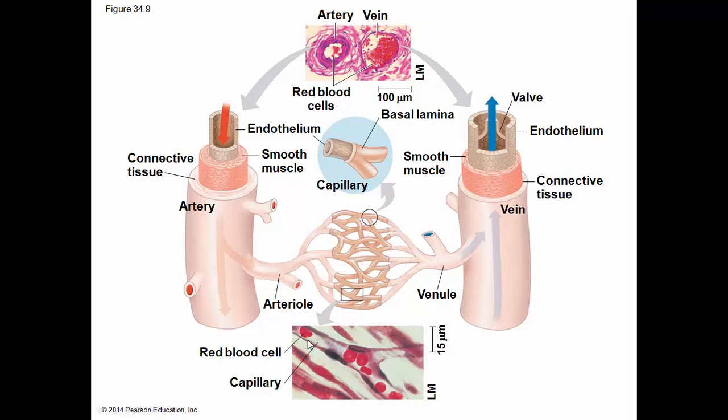Now you check this out. The capillaries themselves are so small, so tiny, that they're basically one red blood cell in width. So that one red blood cell goes through these capillaries, and this is where the exchange of nutrients and oxygen and the pickup of waste and carbon dioxide happens.